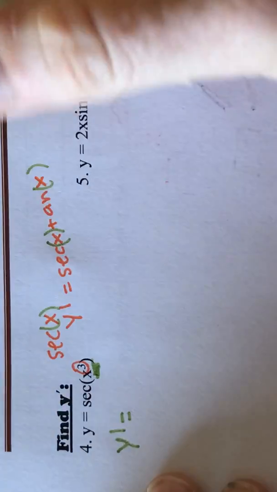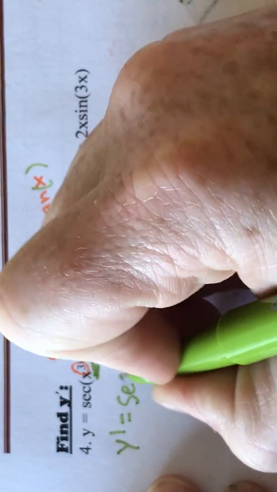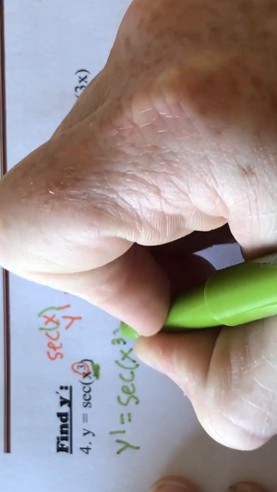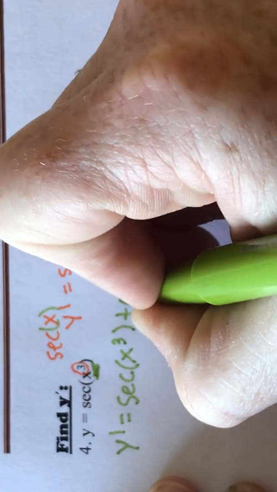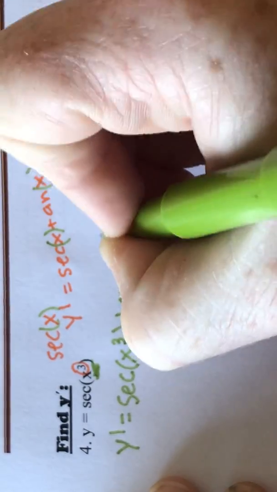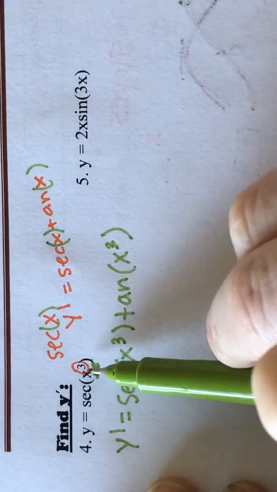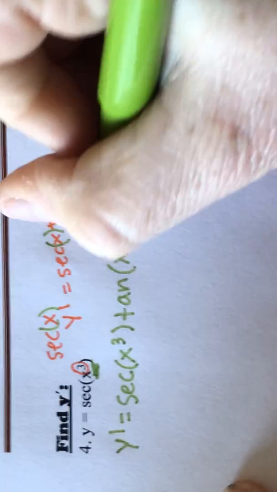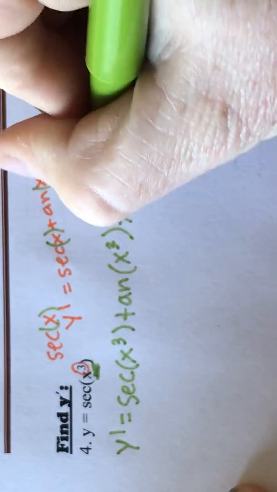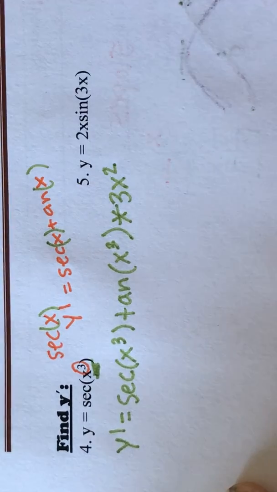So the derivative would just be y prime equals secant x to the third tangent x to the third, but there's a function inside, so we've got to do our chain rule times the derivative of the inside, which is 3x squared.